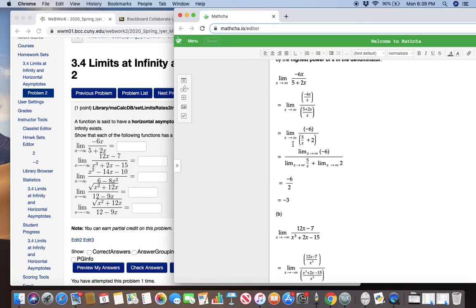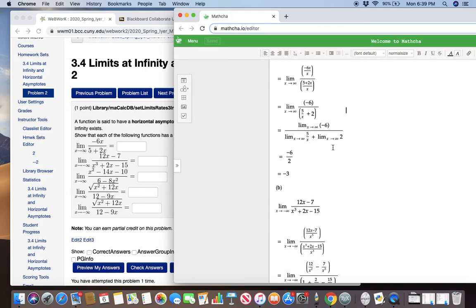Now, as x approaches infinity, I can take the limit upstairs and downstairs, each of the pieces. Upstairs, this is a constant, not affected by what x does, so I get negative 6.